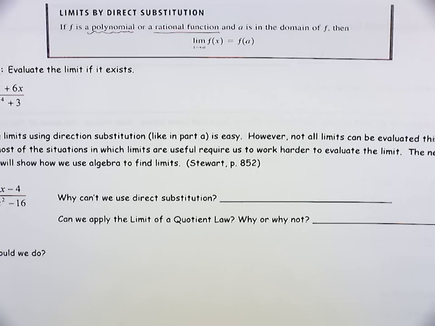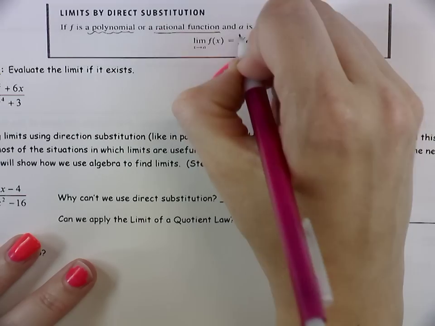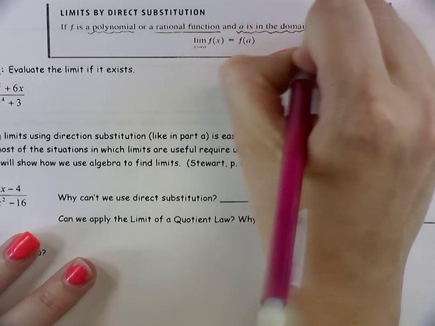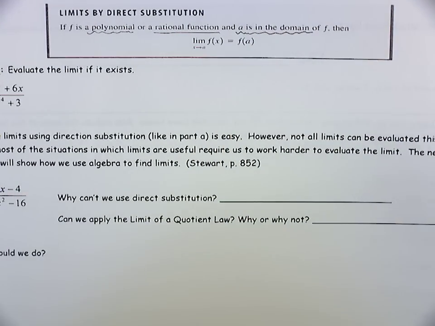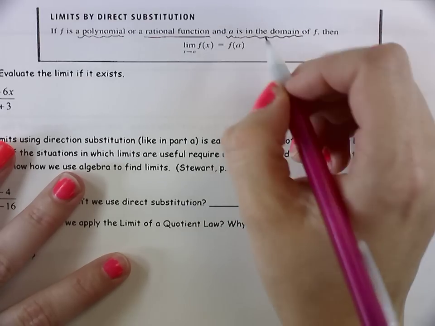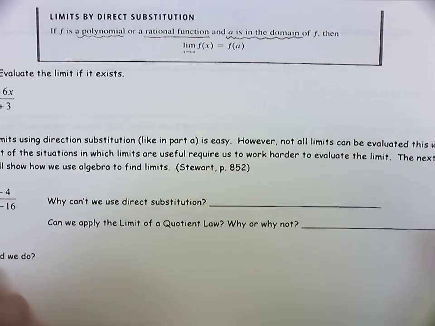Yeah, so a rational function is just going to be a fraction, and you will have a function in the denominator. So it has to be a polynomial or a rational function, and it says that your a value is in the domain of f. Okay, so that's important. It has to be in the domain of f.